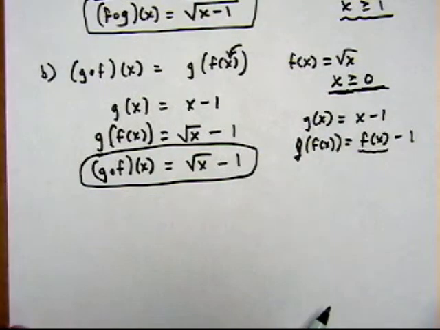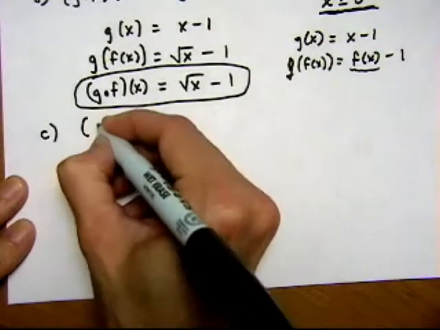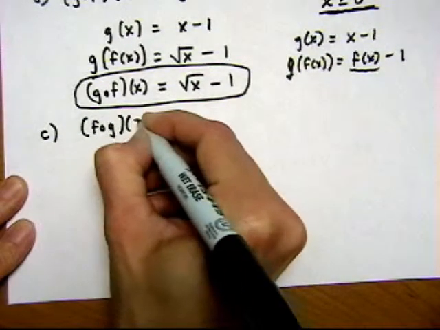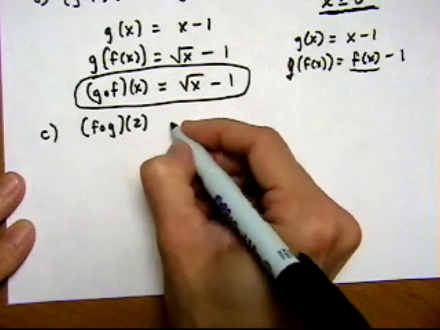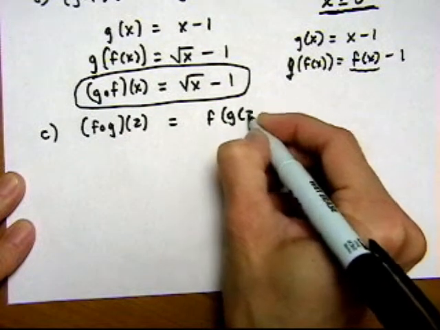And the last part, we want to find f of g of 2. And we can think of that also as f of g of 2.